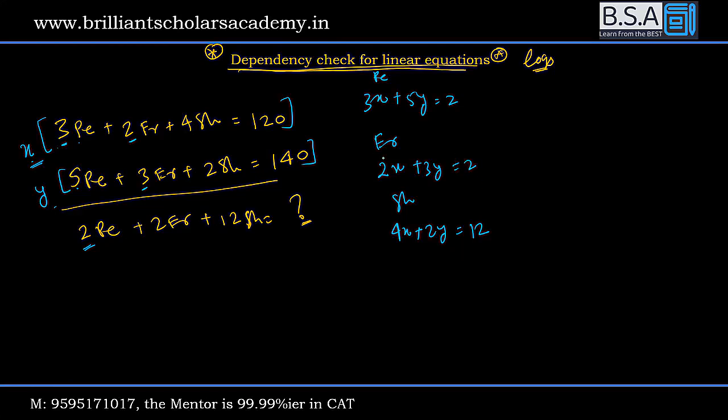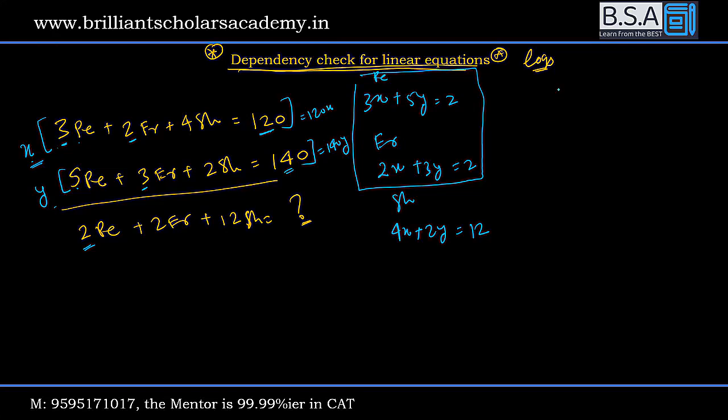Now it is your choice: you solve any two equations. Let us say I'm solving the first two. See, these will also be multiplied. This will become 120x, and this will become 140y. Observe, I am trying to solve these. I multiplied the top by 3 and the bottom by 5.